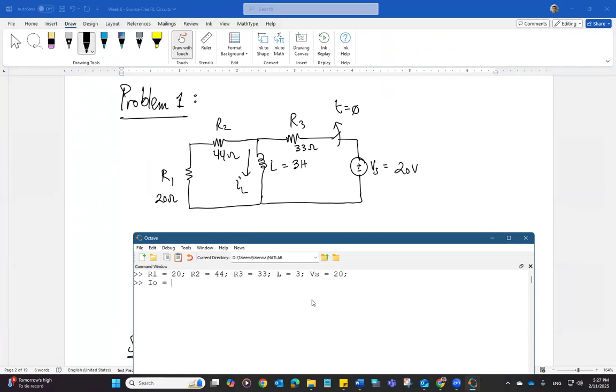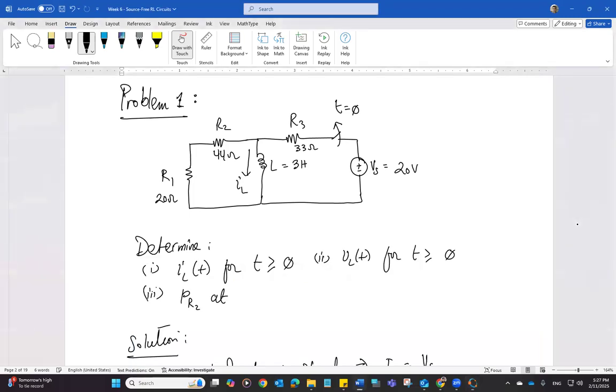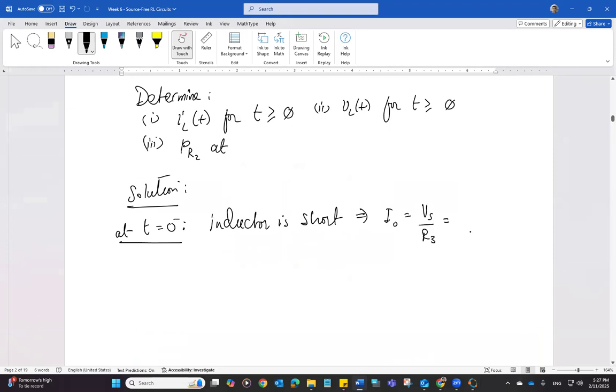So I naught is Vs over R3, 0.6061 or 606.1 milliampere.